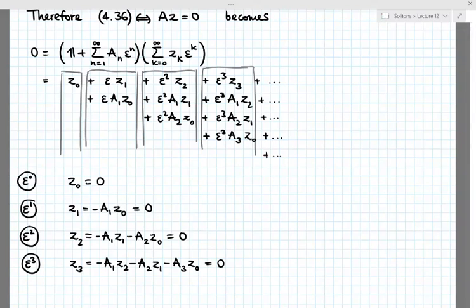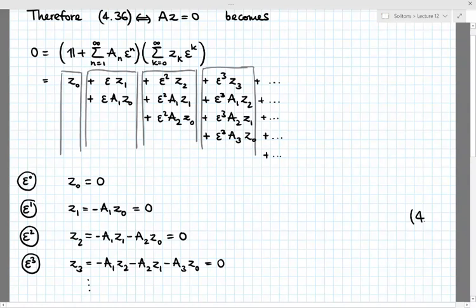And it's easy to convince yourself that if we continue to higher orders in epsilon, you'll find that all the coefficients Zk in the formal power series expansion of Z in powers of epsilon must vanish. This is equation 4.40.